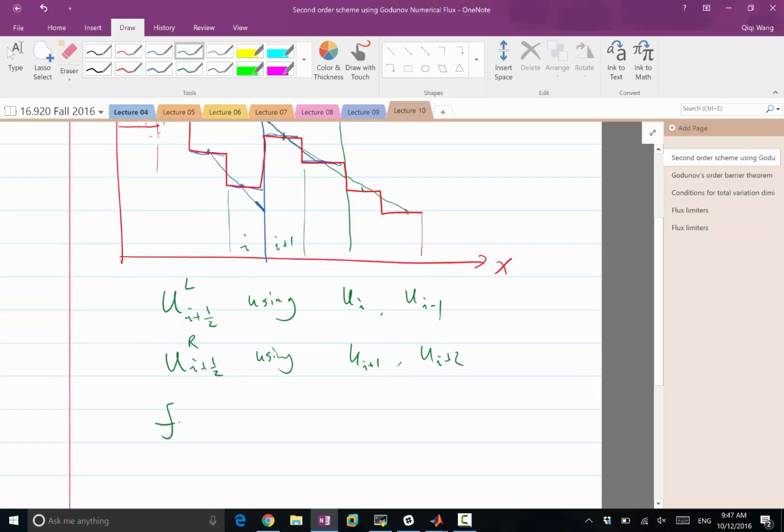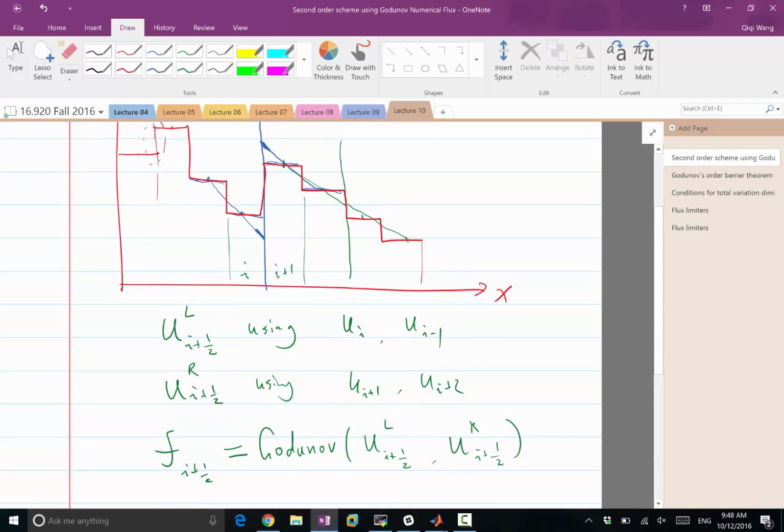And my flux at I plus half is equal to, let's imagine we write a function that computes the Godunov scheme. It takes two inputs: the left value and the right value. Both are reconstructed from two cell averages.